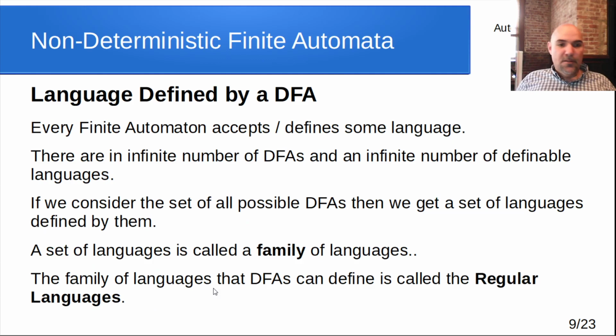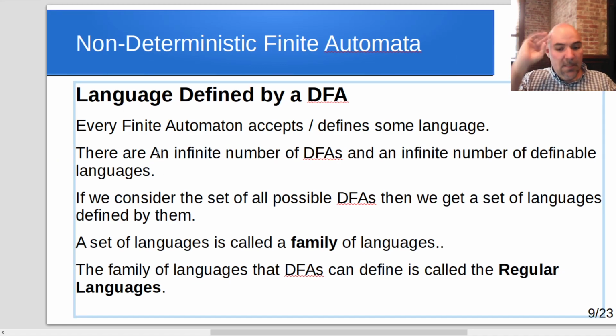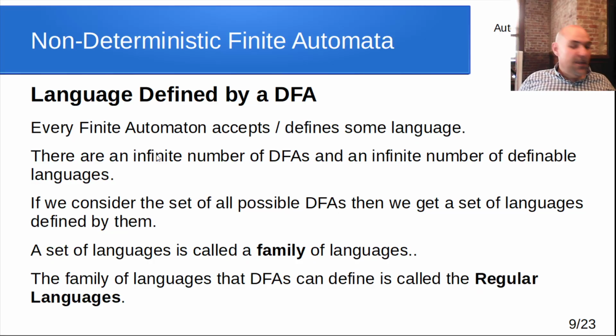Okay, so speaking of languages defined by a DFA, keep in mind that every finite automaton accepts or defines some language. There are an infinite number of DFAs, and therefore an infinite number of definable languages.